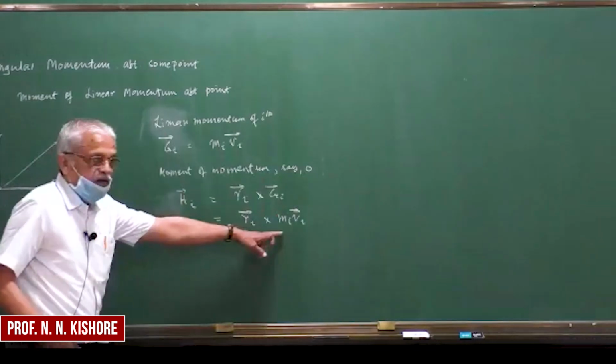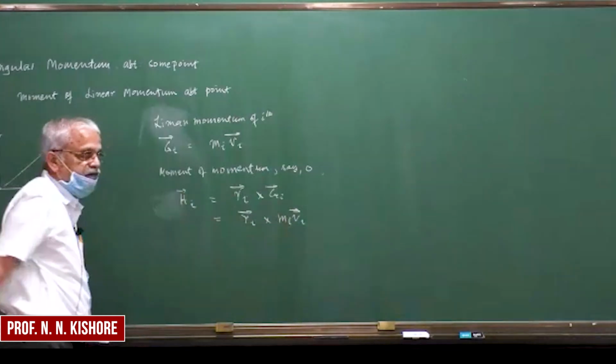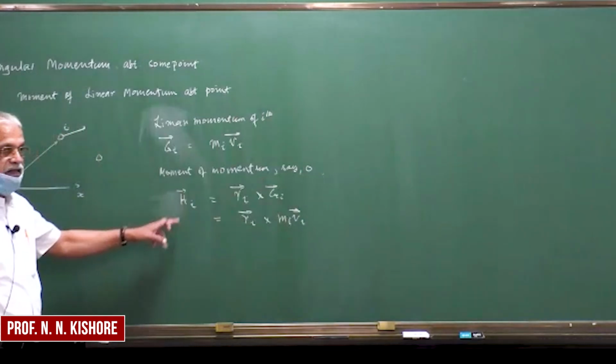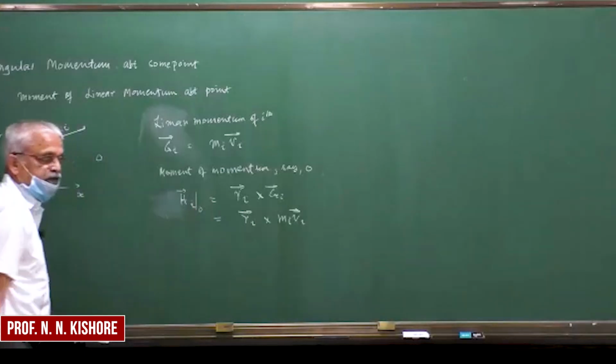So this is how we define the moment of momentum. So this is r_i cross m_i v_i, which we call H_i. Of course, we also have to put the subscript O here.